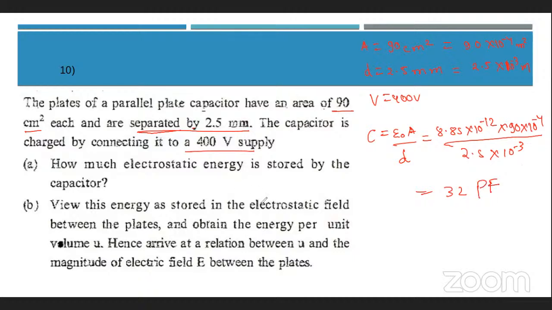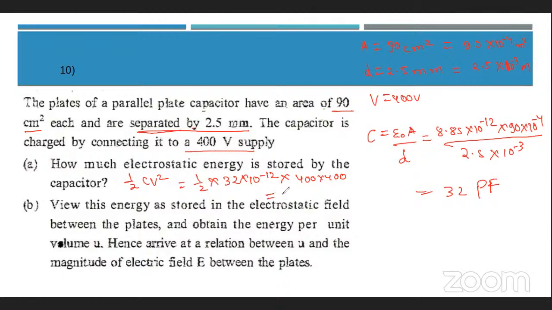The formula for energy is half CV square. So this will be equal to half, C is 32 into 10 raised to minus 12 to convert it into SI unit farad, V square is 400. So basically 16, 4 fours are 16, and so 256.